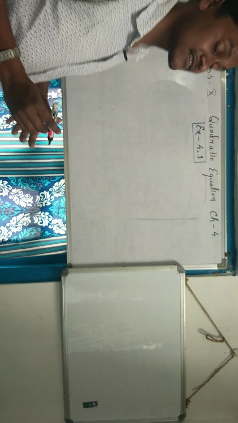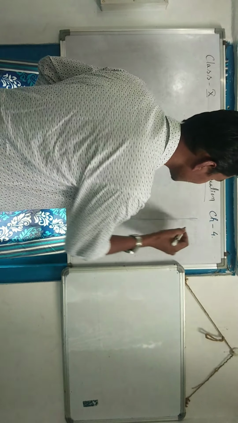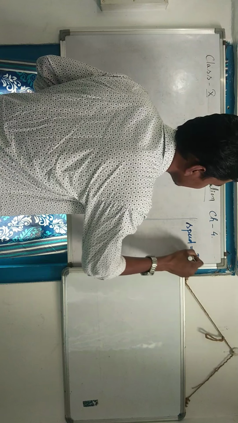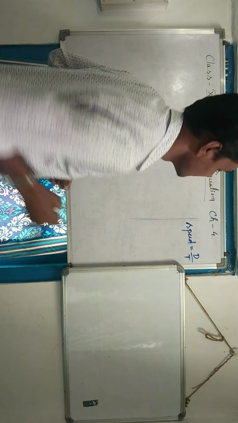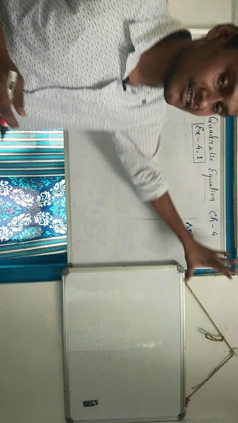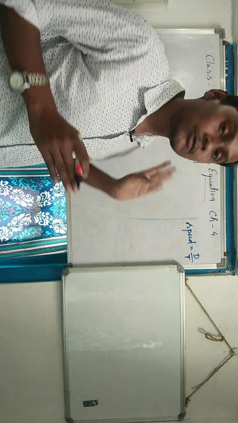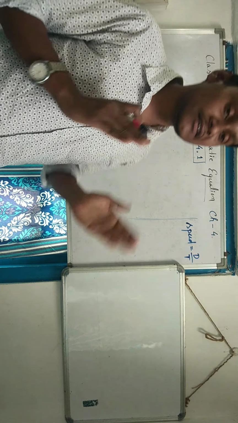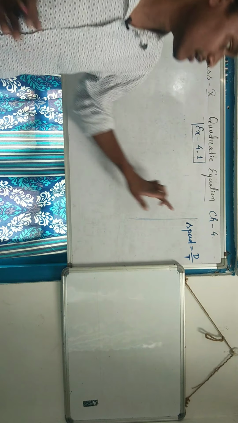We all learned in class 9 itself, speed is equal to distance by time. By using this particular concept we'll solve the question. Here I know the distance, but I don't know the speed.